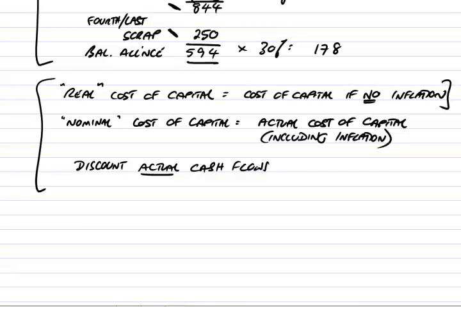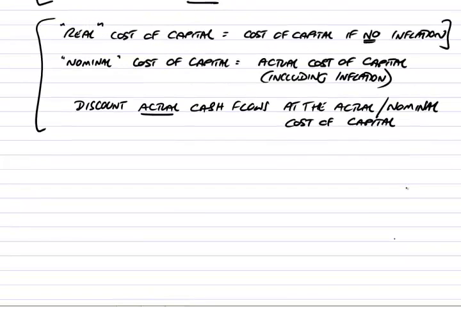We expect those actual cash flows each year. So we discount the actual cash flows at the actual or nominal cost of capital. All right, we finished the teaching bit.